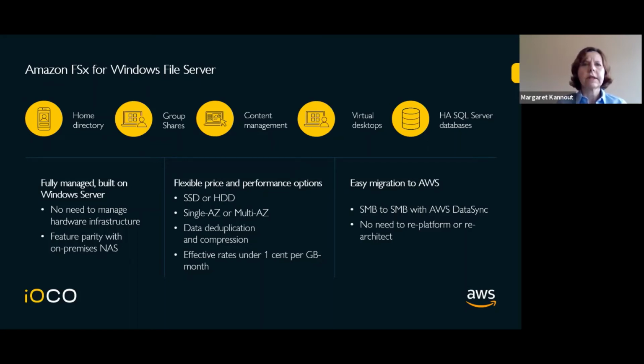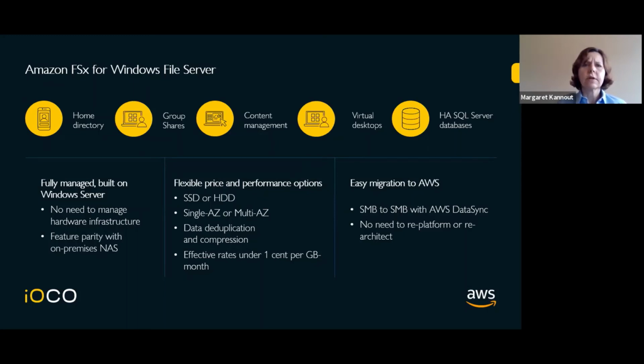We natively integrate with your on-premises Active Directory and namespace servers, which makes it easier to deploy. And since it's fully managed, you no longer have to worry about setting up servers, installing OS, provisioning multiple storage volumes, configuring file systems, and keeping this infrastructure maintained and backed up.